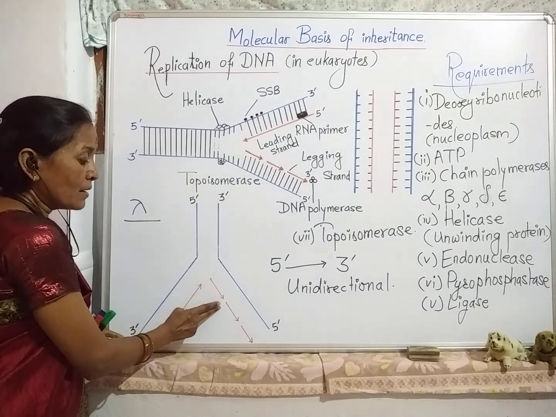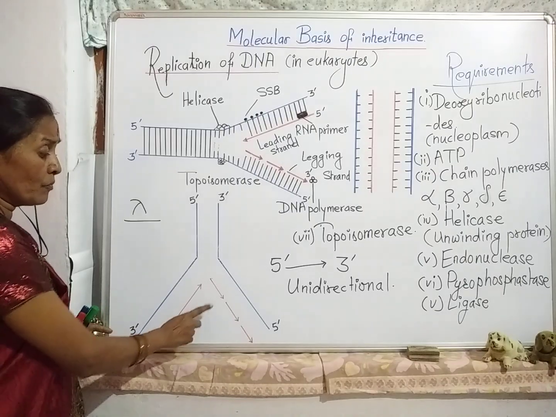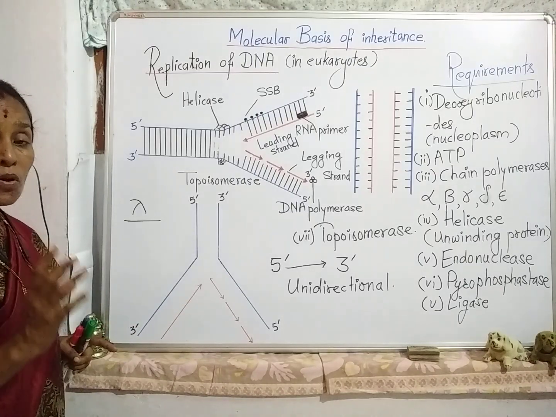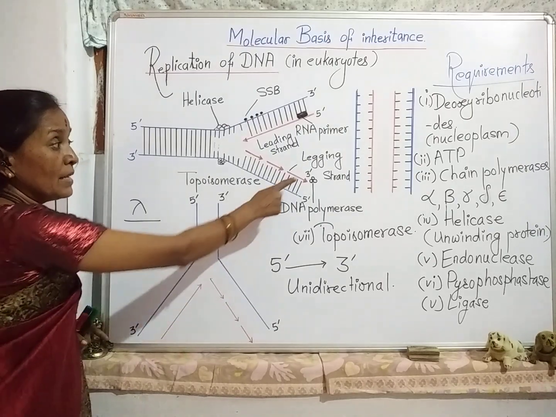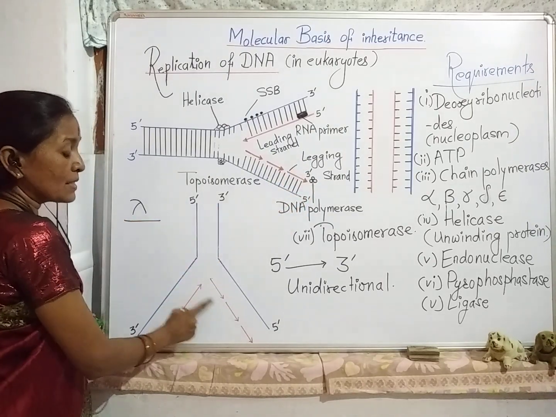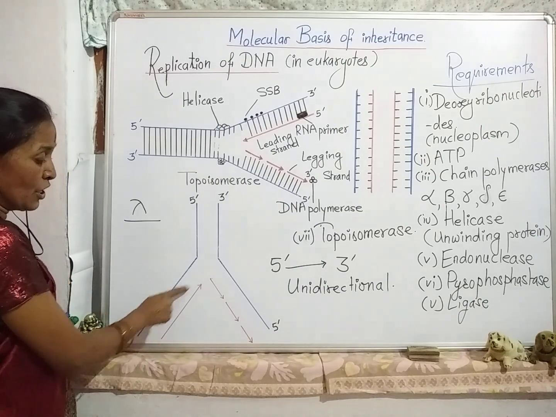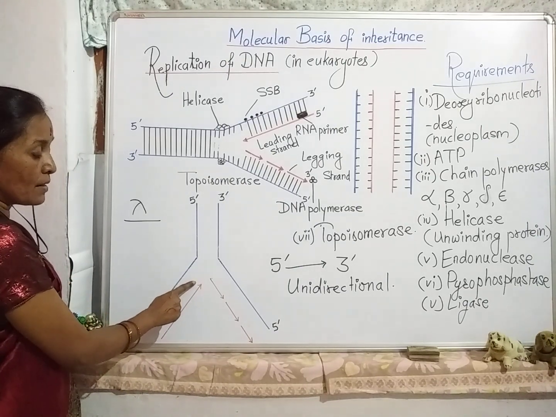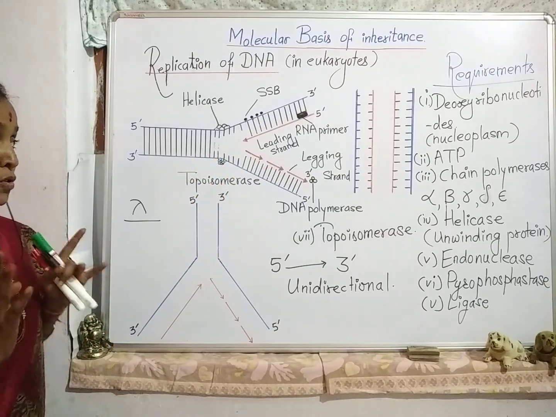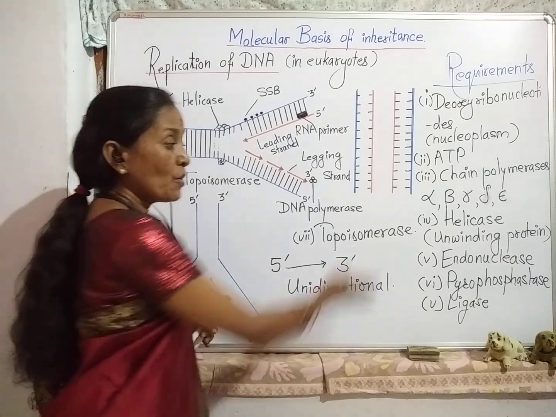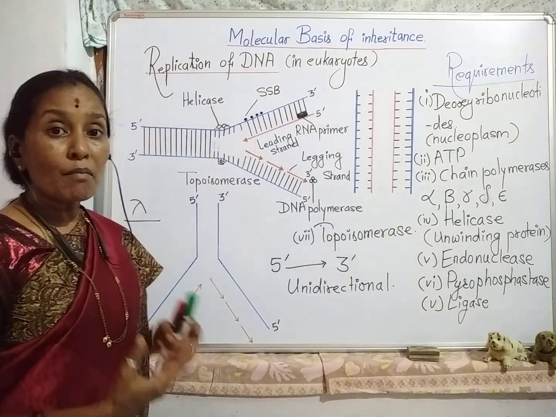These cut, discontinuous newly formed DNA pieces are called Okazaki fragments. Okazaki fragments are nothing but the lagging strands or the discontinuous replication of the DNA, while this continuous newly formed strand is known as the leading strand. So in this manner, with the help of these enzymes, the replication gets completed.